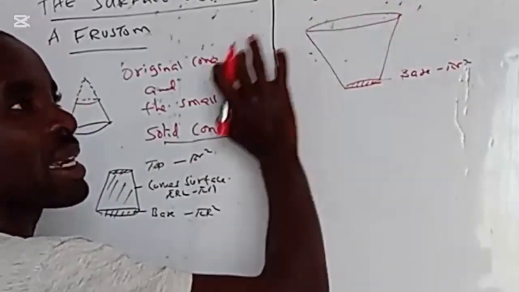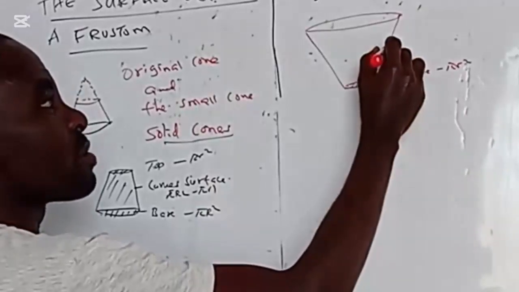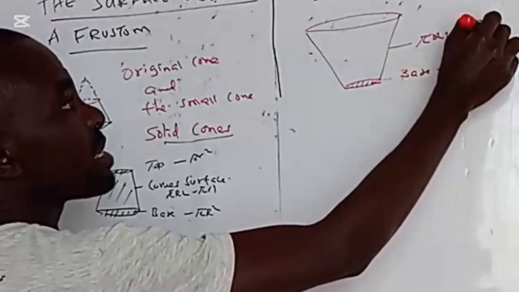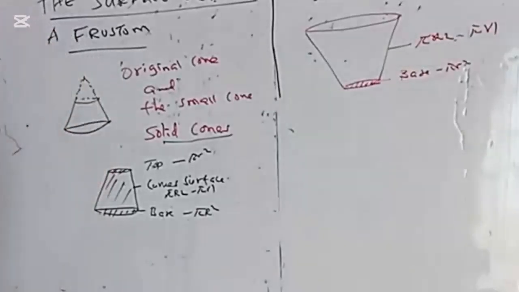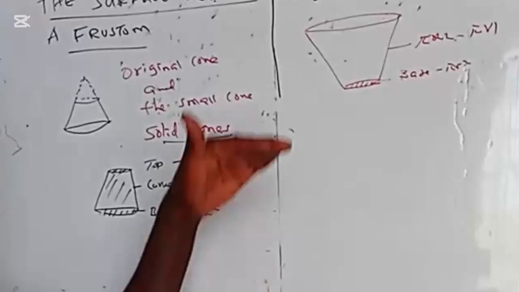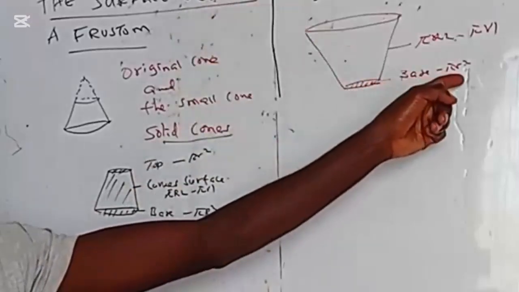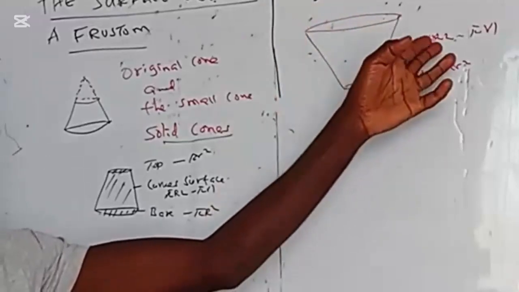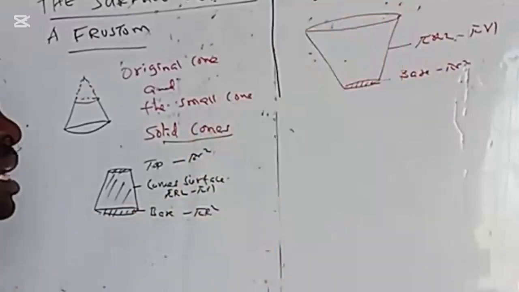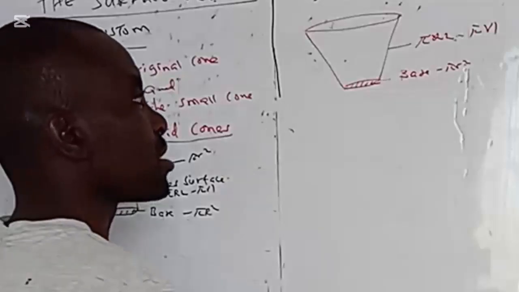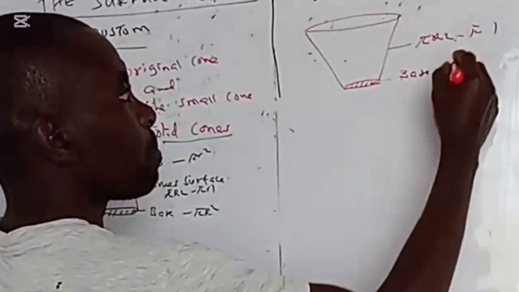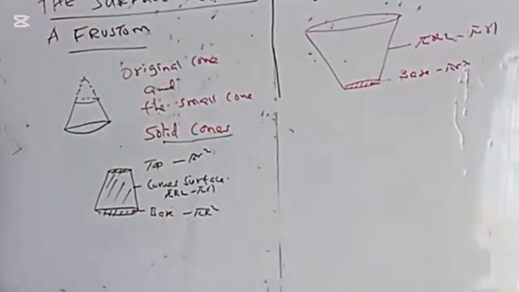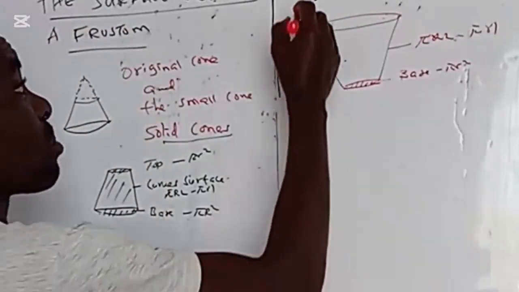Since this one is open, it's an empty space, we'll also look at the curved surface area. So for an object that is open on one end, it only has one base, and the curved surface will be given as the curved surface of the bigger one minus the curved surface of the smaller one.